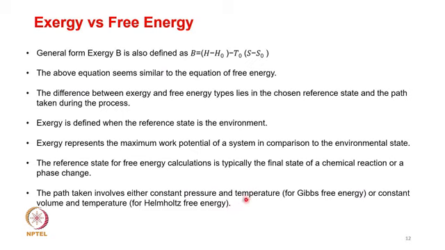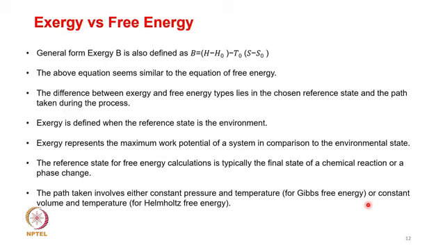Typically, there are two free energy calculations, right? One is what we call Gibbs free energy, where we assume that the process follows a path under constant pressure and temperature. And the second is Helmholtz free energy, wherein the process typically follows a path with constant volume and temperature.